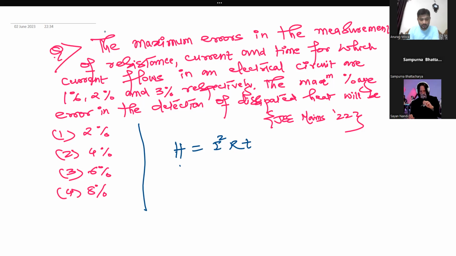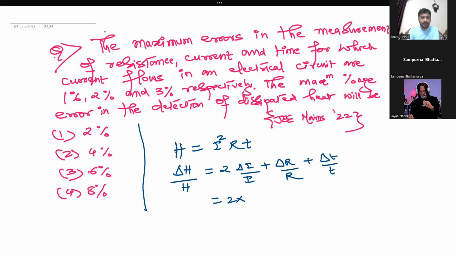So obviously we can say that delta H by H will be twice of delta I by I plus delta R by R plus delta t by t. Sir, it will be 8%. Hmm? It will be 8%. So this will be 2 delta I by I. Current is measured with 2% error, so 2 by 100.